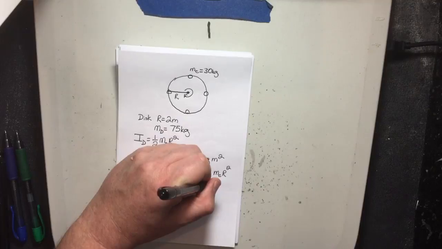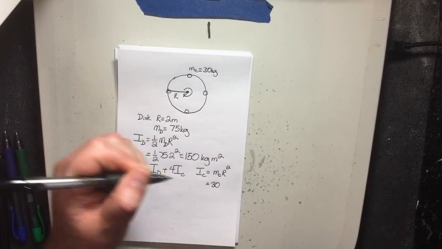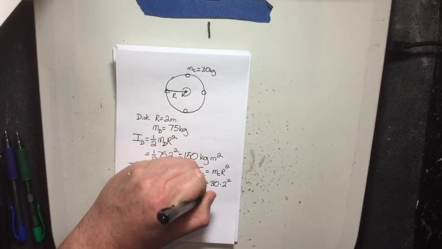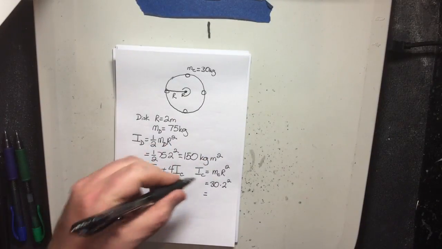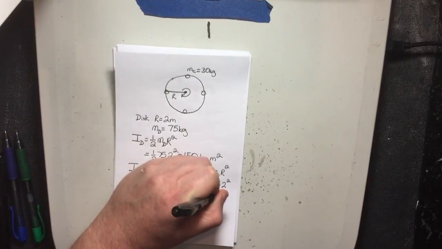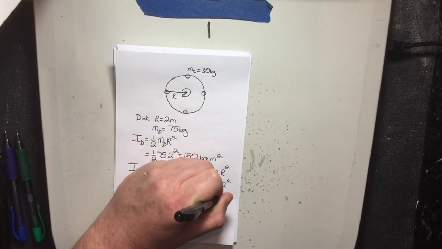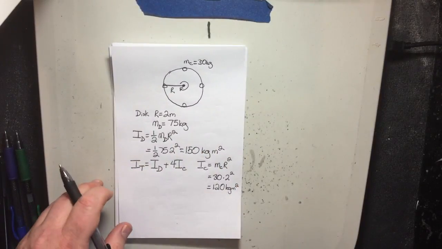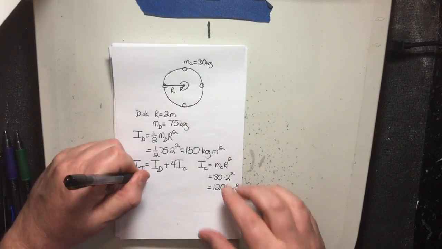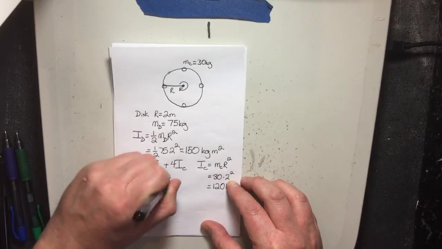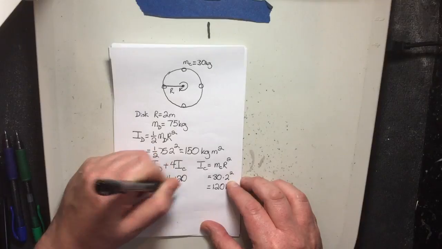So this becomes 30 times 2 squared. So 30 times 4, or 120. So this becomes 150 plus 4 times 120.